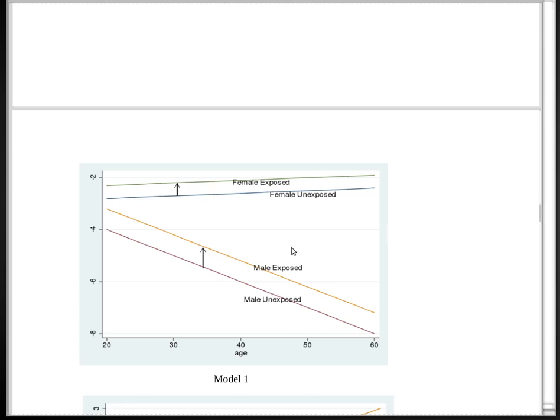Now, the way I've drawn this vertical arrow is larger than this vertical arrow. So the vertical distance for the women is different from the vertical distance for the men. What's that saying? That's saying that gender modifies.